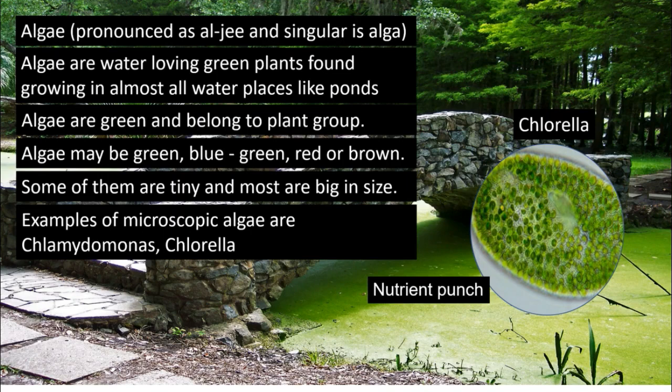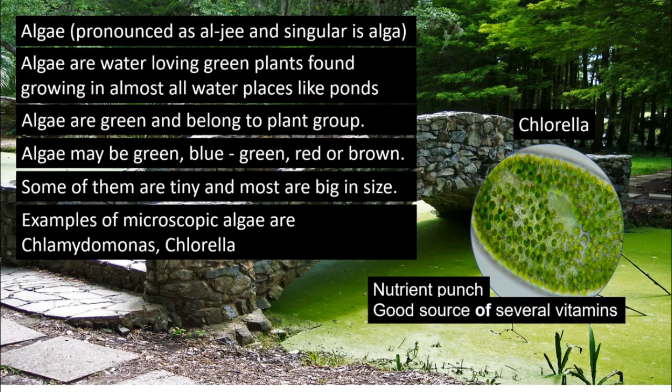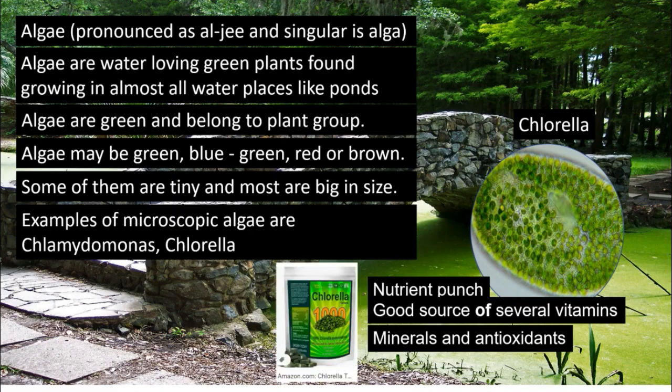Let us know more of this Chlorella because it's a very interesting algae. It's nutrient rich. It's a very useful algae. As it is a plant, it is a good source of several vitamins, minerals, and antioxidants. You know, this is also sold in the market.